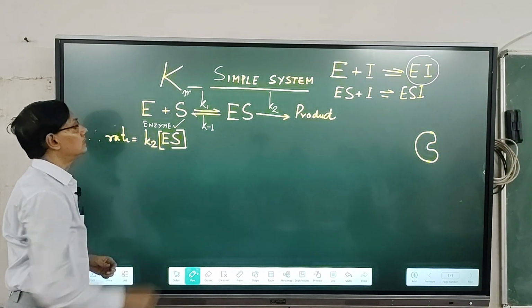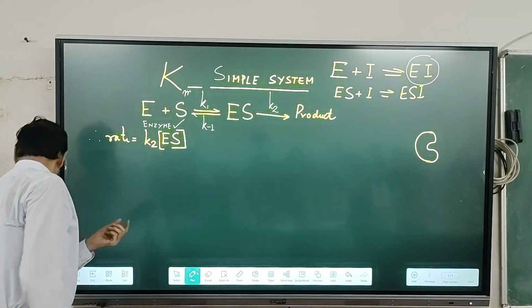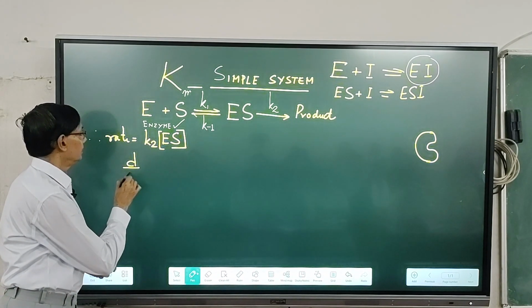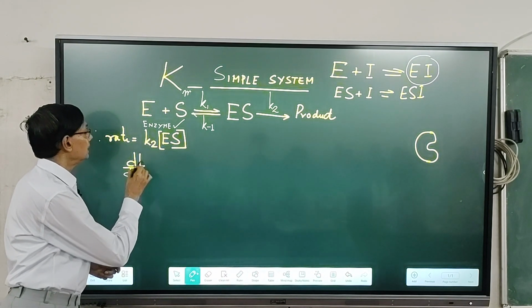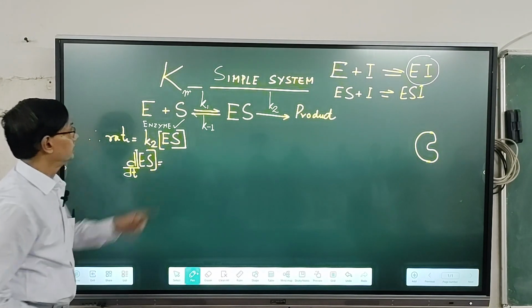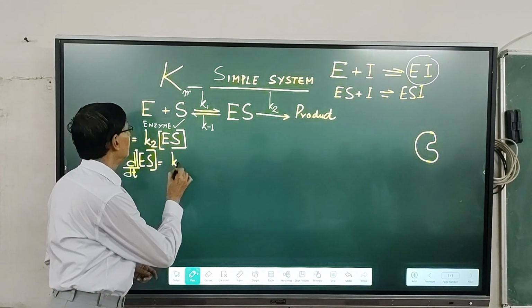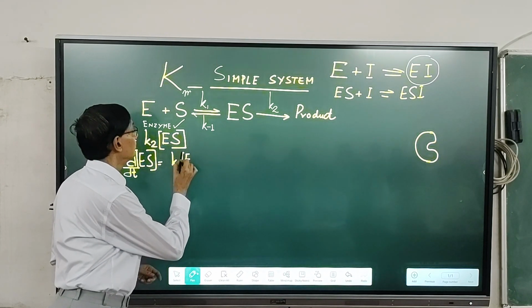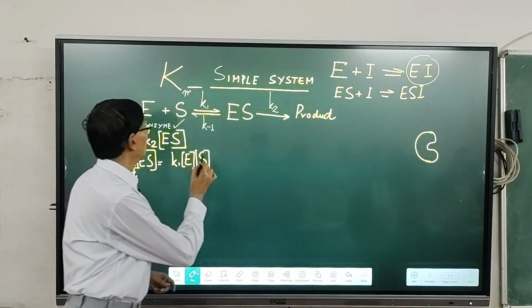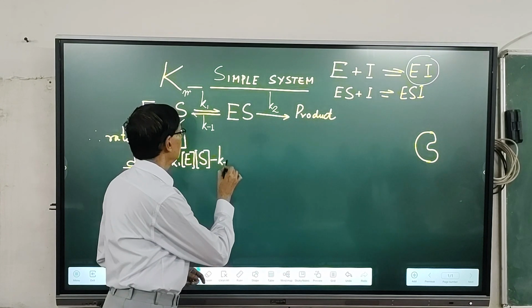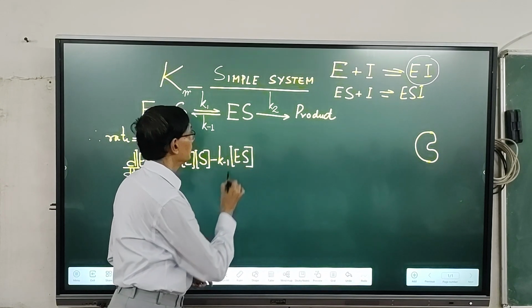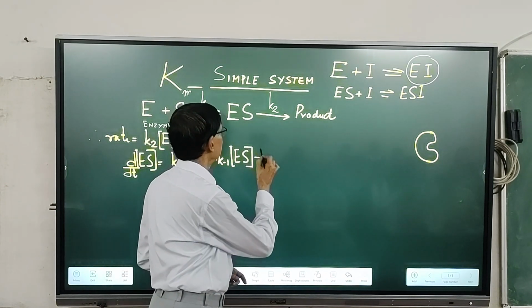Now applying the steady state approximation. So we have to determine this. Very simple. K1 minus, again minus concentration.